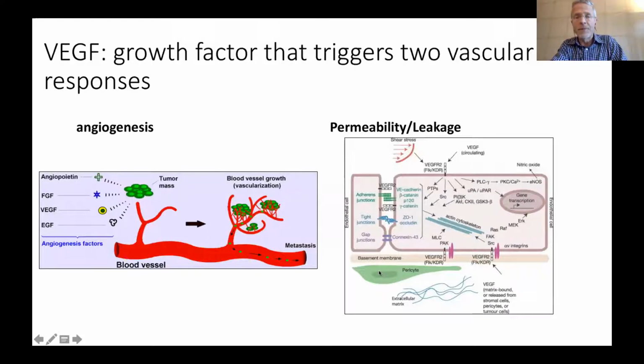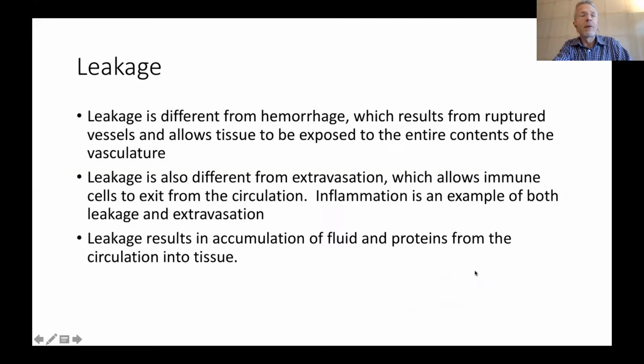There are some definitions that are important to go over. I'm going to talk about permeability and leakage, and what I mean by that is the following. Leakage is different from hemorrhage, which results when the vessels rupture, and that allows the tissue to be exposed to the entire contents of the vasculature: the blood, the proteins, the cells, everything that's in the circulation can spill into the tissue.